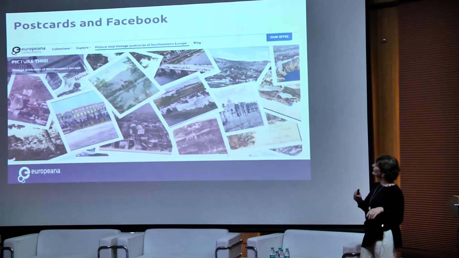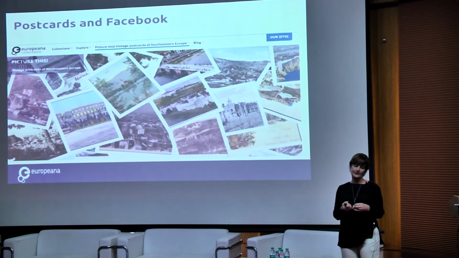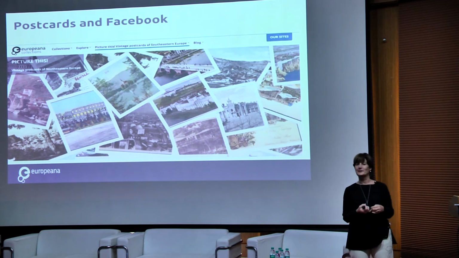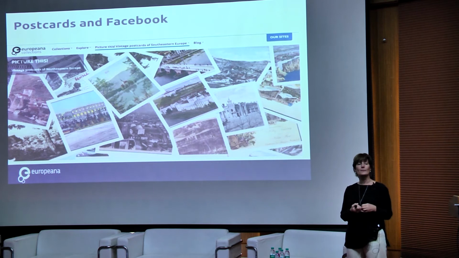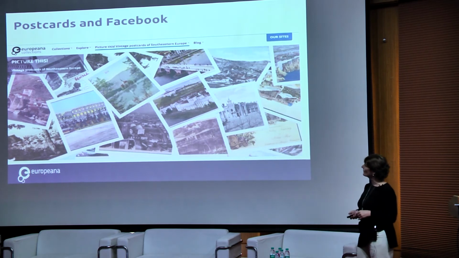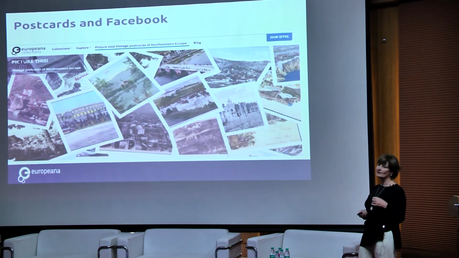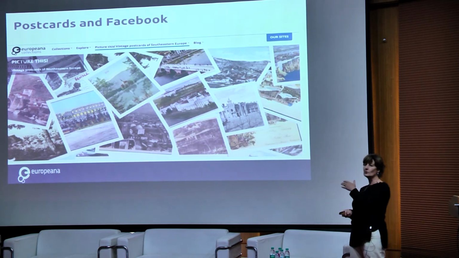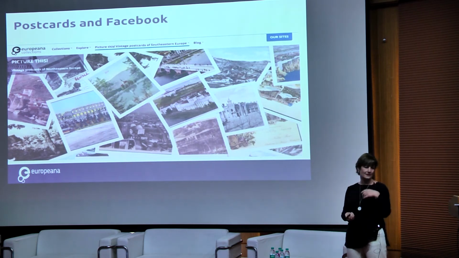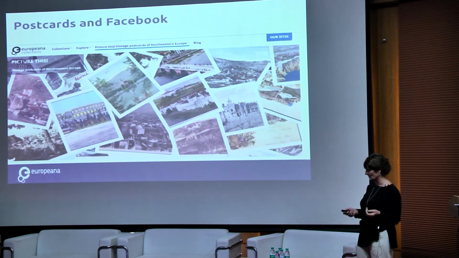So the first one of this was a picture postcard competition. These postcards actually come from libraries of Southeast Europe. They've got quite big collections of them. And in order to get people to see them, use them, do something with them, we ran a competition where you had to take a photo that linked that photo to the postcard, and then we posted them up and ran a competition, and it was voted on.